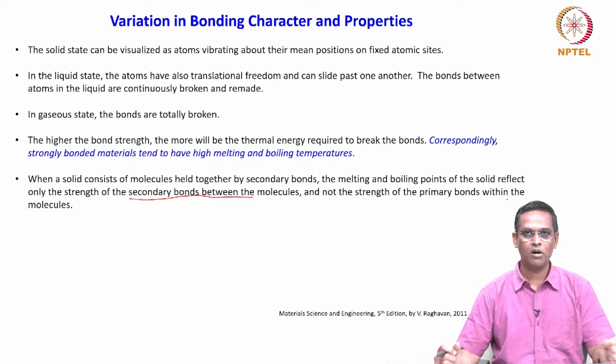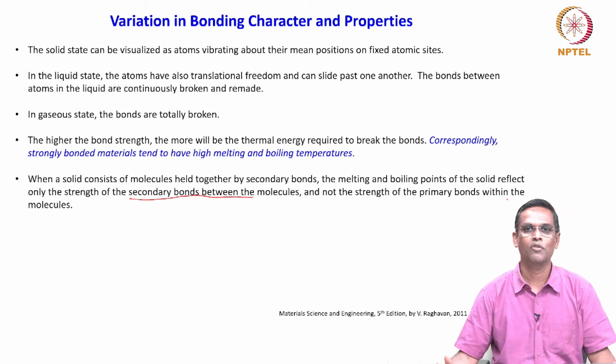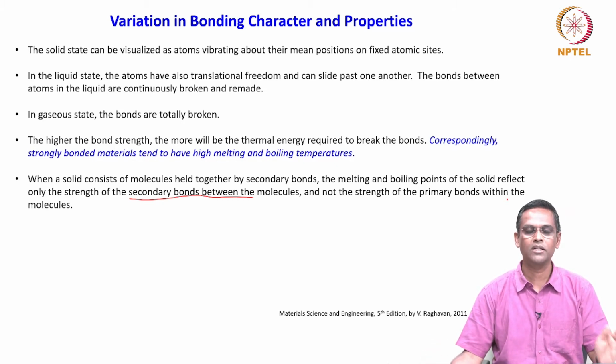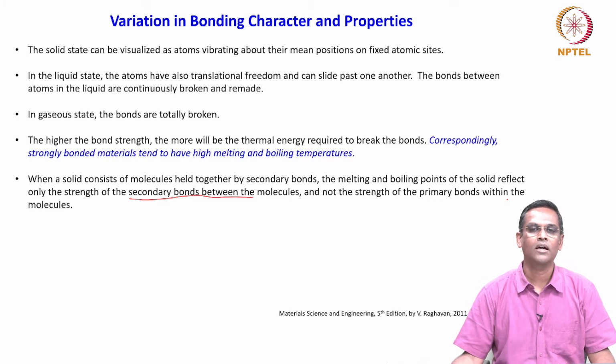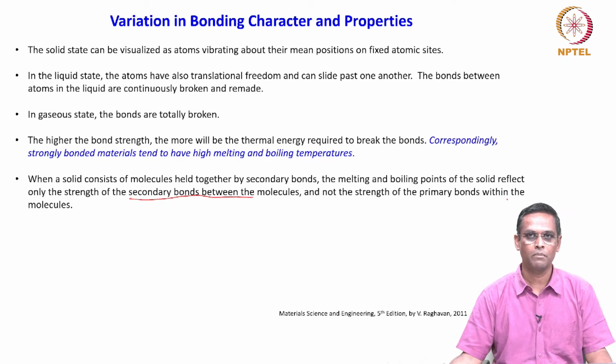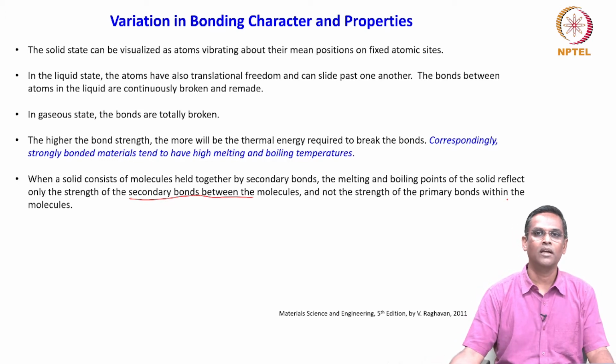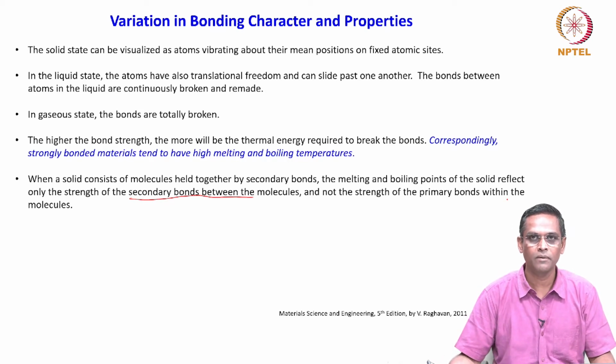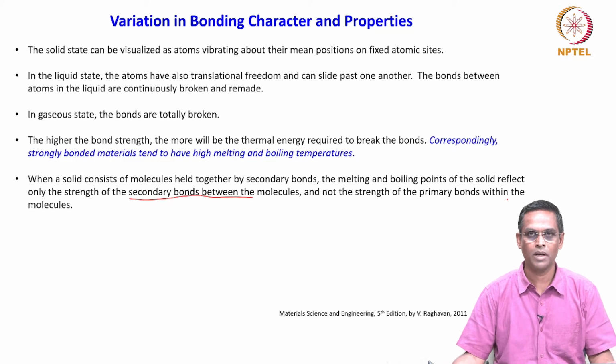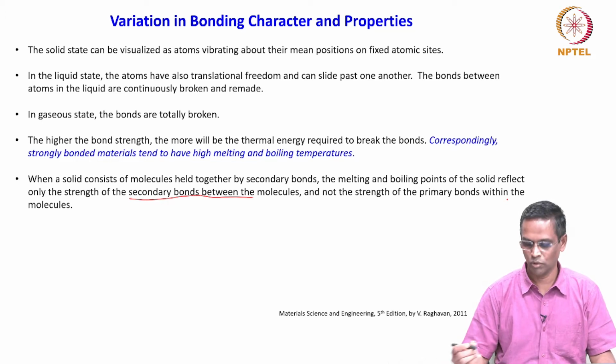So, how these bonds respond to external forces is the ultimate point we will reach. How primary and secondary bonds respond or resist the external load determines the physical property primarily and then the mechanical property as well.